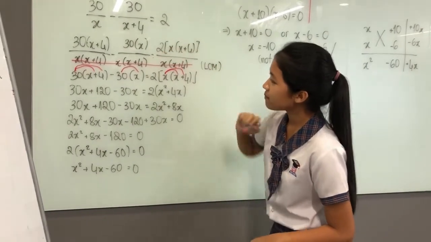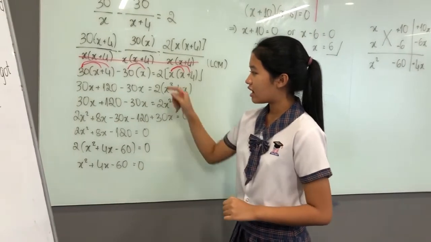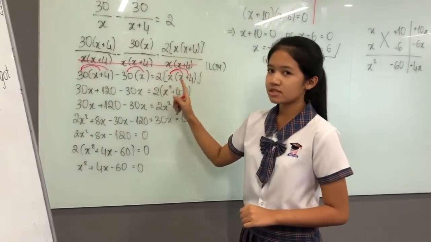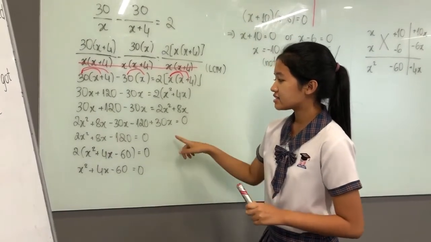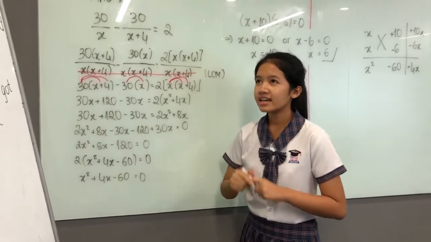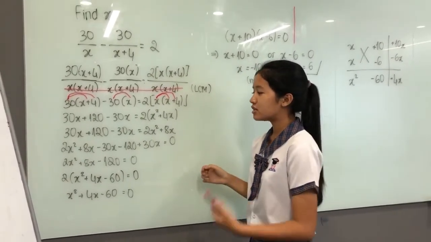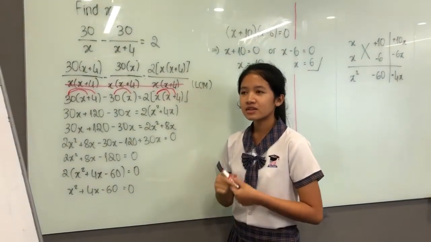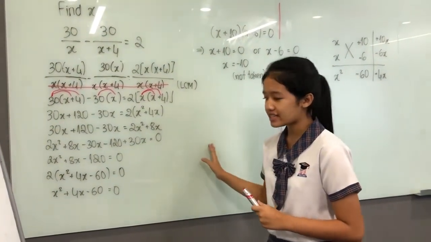Then we receive this answer. If we continue to simplify it, we will get this part, and this is the form of the quadratic equation, which means it has a degree of 2, and we need to move all the parts to the left side because a quadratic equation always has 0 at the right side.